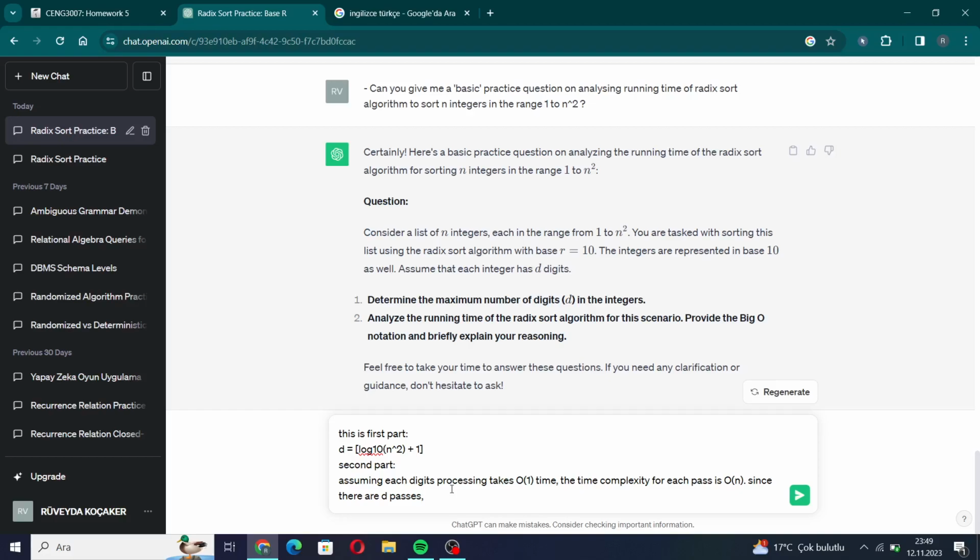Assuming each digit processing takes O(1) time, the time complexity for each pass is O(n).